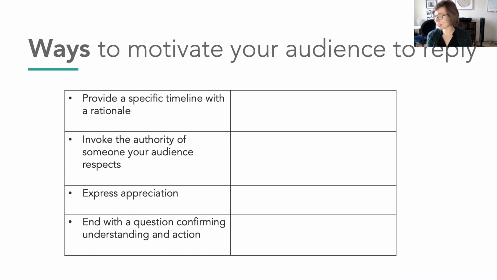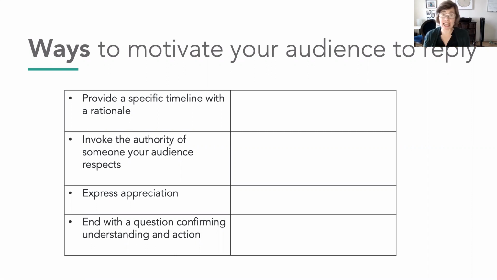So you might say something like, provided I get the correct data from you by Tuesday, I'll be able to complete the report Fred is expecting on Wednesday. So you can make a kind of cause and effect.